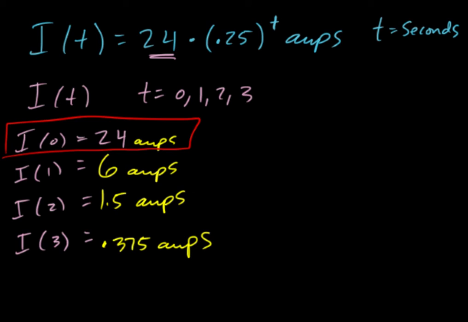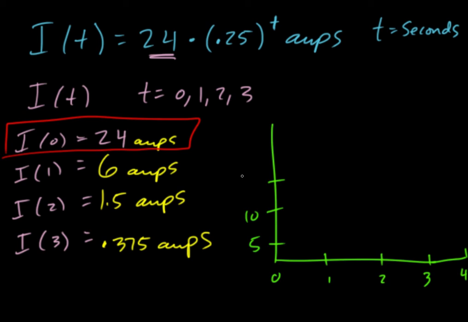Part C says plot the graph for T is greater than or equal to 0 using the information above. So we're going to do 0, 1, 2, 3, 4. And then let's just do 5, 10, 15, 20, 25.